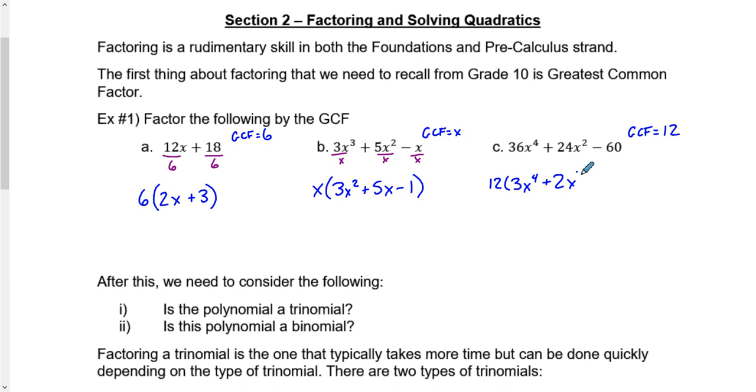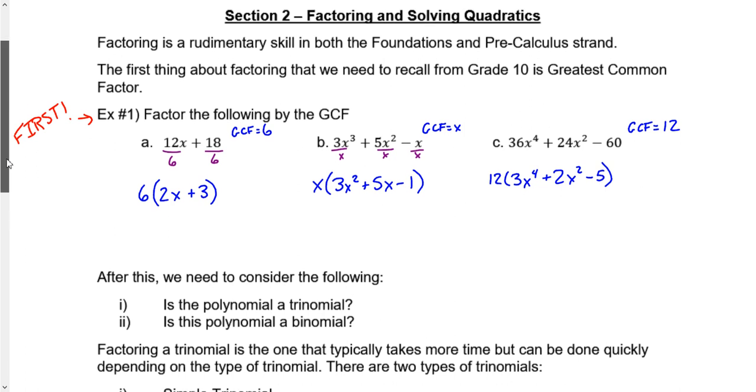And we continue on until we have the entire factored expression. So this is always the very first thing that we need to do. When you want to factor, you always have to consider your greatest common factor first, each and every single time.